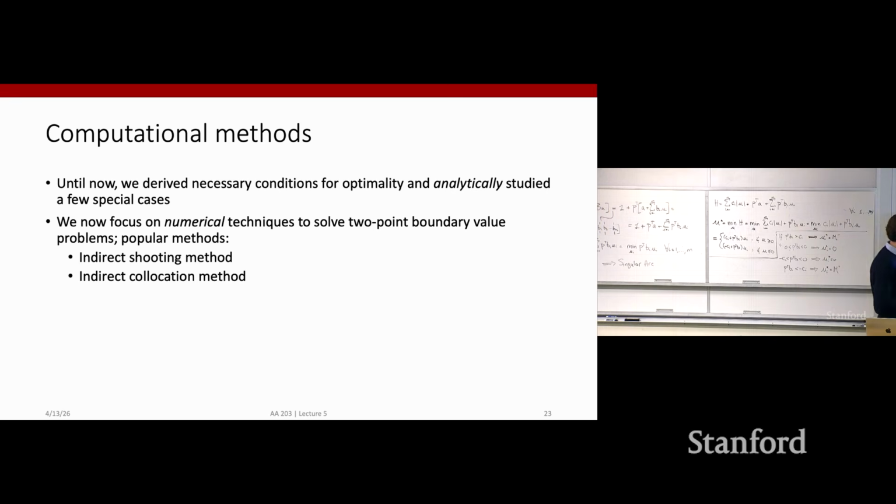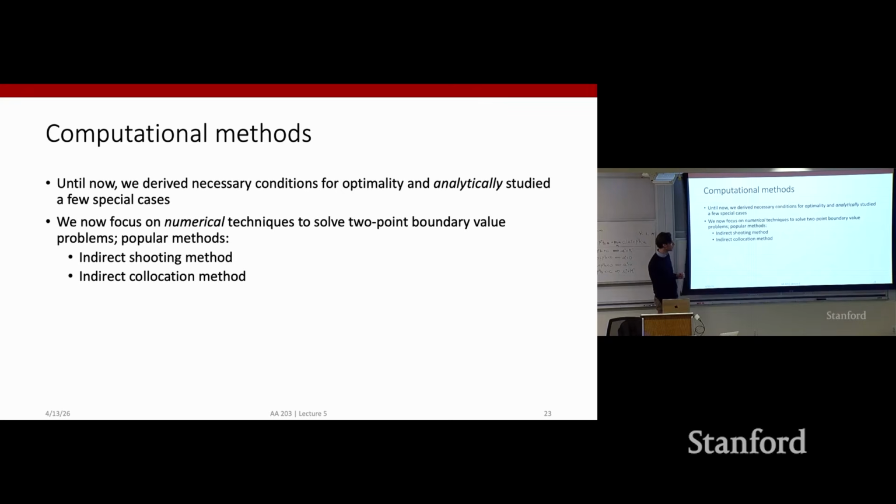At a high level, numerical techniques to solve two-point boundary value problems divide themselves between indirect shooting methods and collocation methods. We won't go into the details of how these techniques solve two-point boundary value problems.